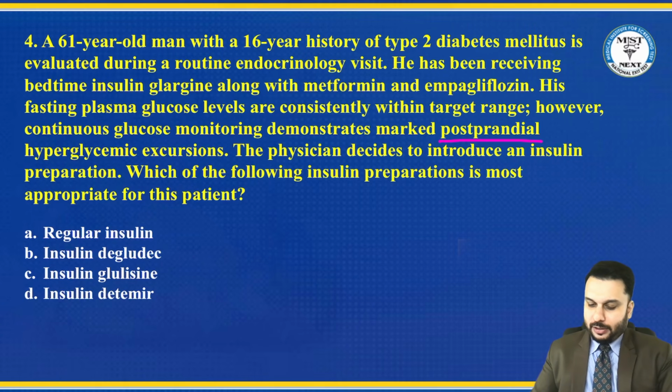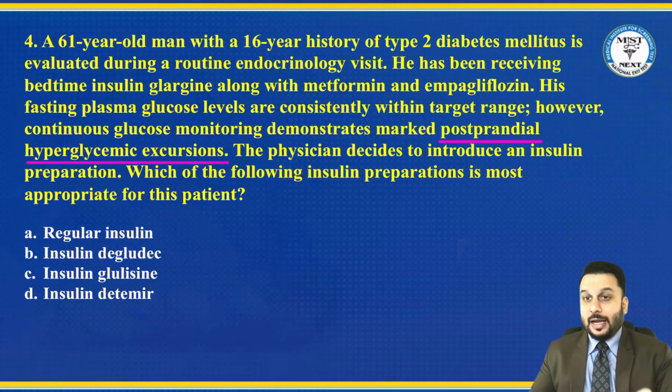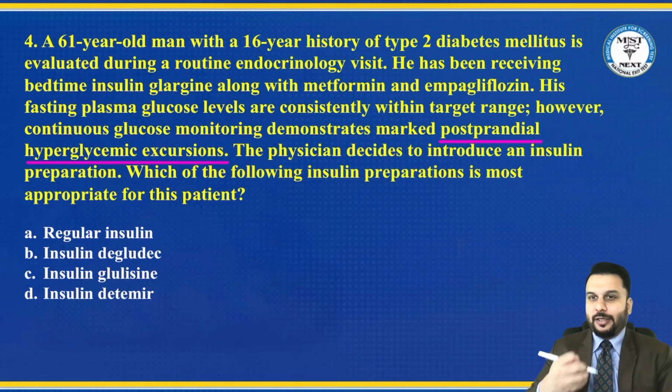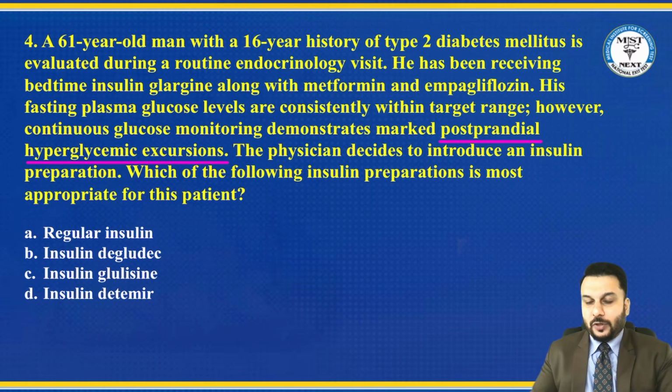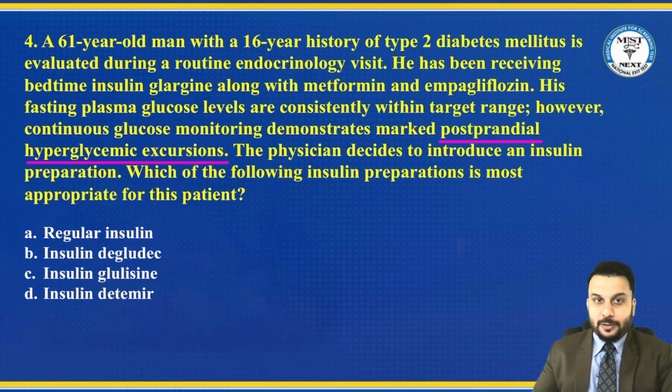So, basically, the patient is already on some insulin, but still the postprandial hyperglycemia exists. So what we have to do is add one more insulin to this, and that insulin has to be the rapidly acting insulin. Why do we need that? Because the moment I eat the food, the insulin should be able to fight that hyperglycemia.